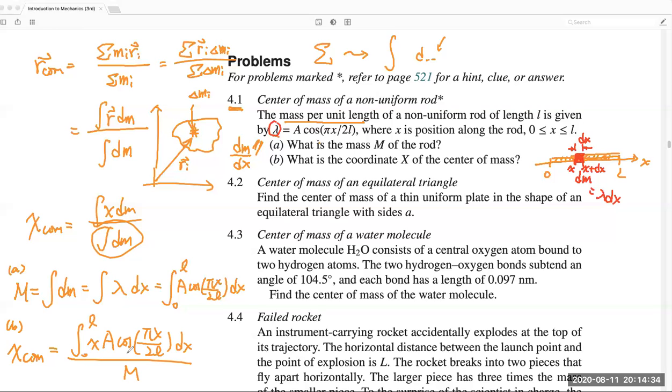Of course, this one is not that easy to do because you need to use integration by parts. Then you can get the answer. So that's it for this question. Okay, you can take a screenshot.